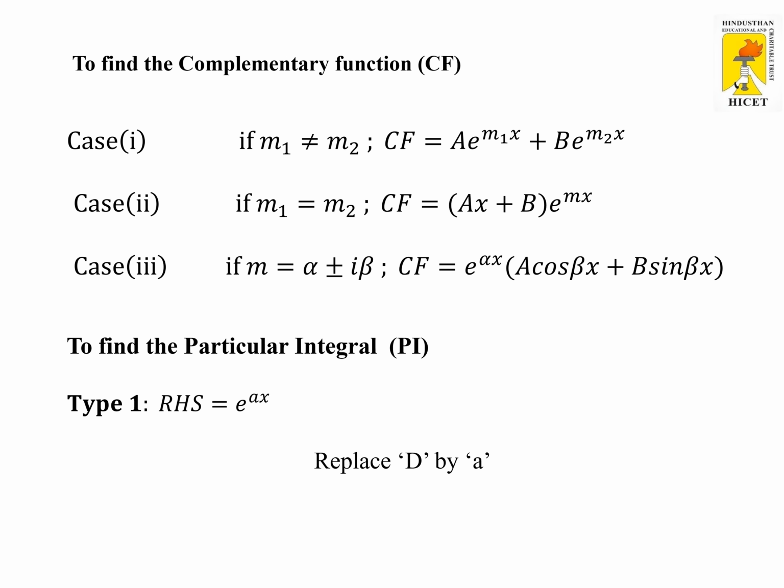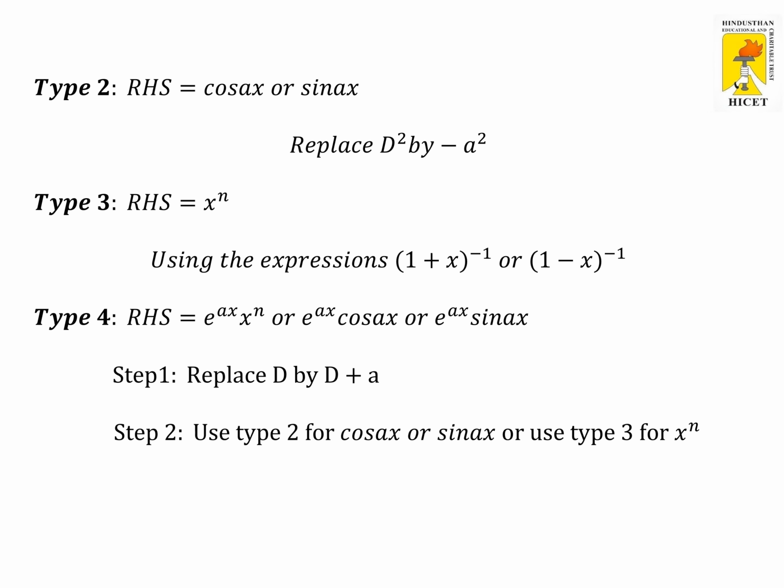In type 1, if f of x, our RHS term, is in exponential form, that is e^(ax), then replacing D by a, we get the particular integral. Type 2: if f of x is either cos ax or sin ax, then replace D squared by minus a squared. Then the remaining D term we multiply and divide by its conjugate. Again we get D squared in the denominator, so once again we repeat the same procedure.